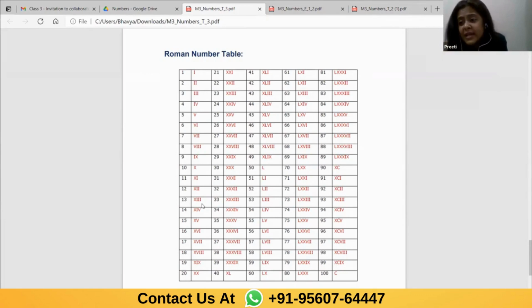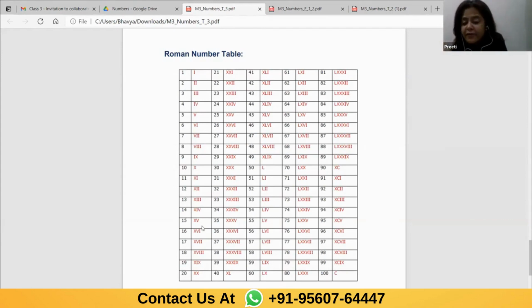Even if you forget something, or a big number comes, you will know how to create the symbol for that number. Am I clear, children? Do not rote-learn this like you do in science, English, SST. This is not a theoretical thing. This is a practical thing.